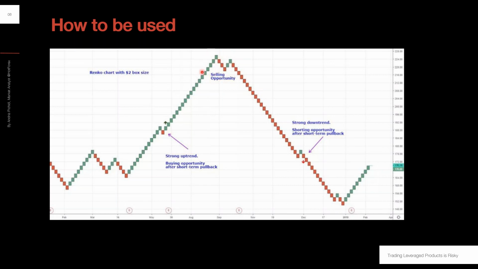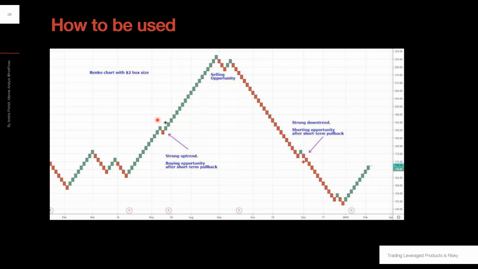Okay, so that is either a stop, an exit point if you had been long, or it could have been a reversal signal to the downside, because the uptrend has run out of steam and could possibly turn down. So that's another entry point for a short position though.